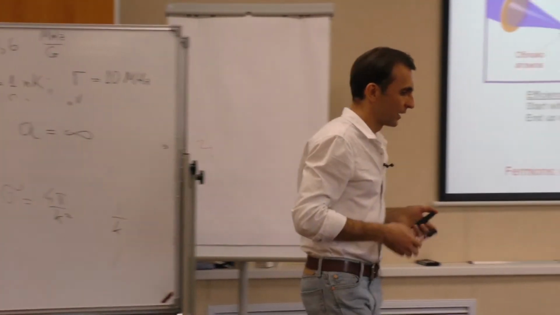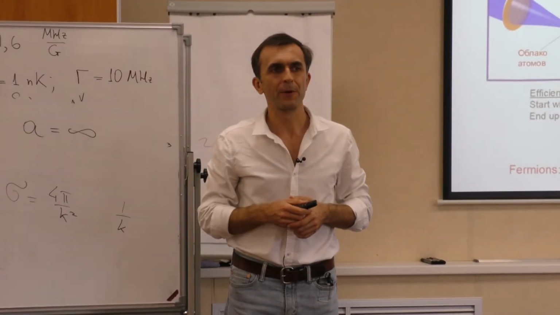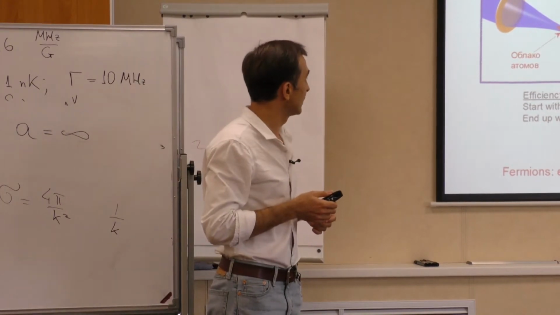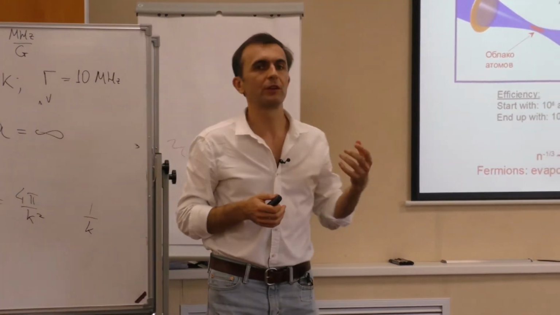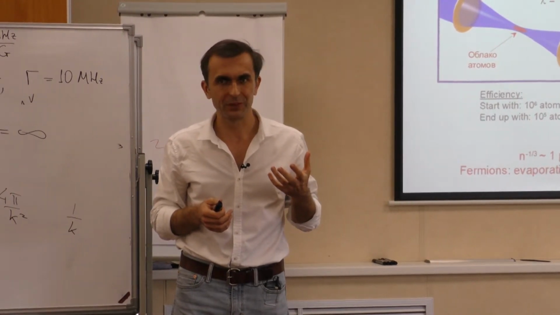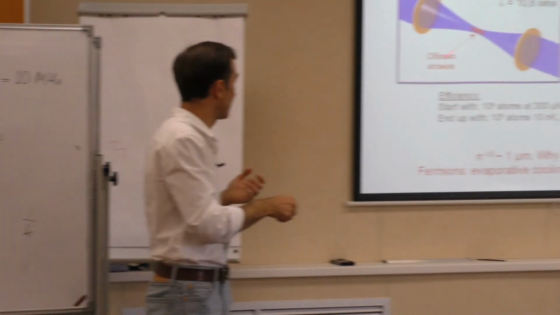And in fact, it is possible to go down in temperature by evaporative cooling. It assumes that you lose some atoms, but the loss is not as huge. Let's consider an experimental example.